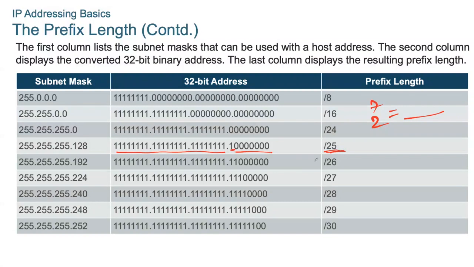This is basically why subnet masking is used. Suppose we have a private network with only 6 devices.